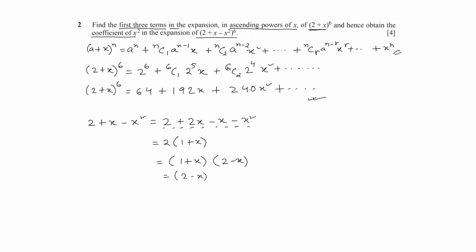Let me write by swapping them, (2 − x) times (1 + x). I have missed one term in the second line, so let me write that. So our (2 + x − x²)^6 can be written as (2 − x)^6 times (1 + x)^6. So we have done the factorization.